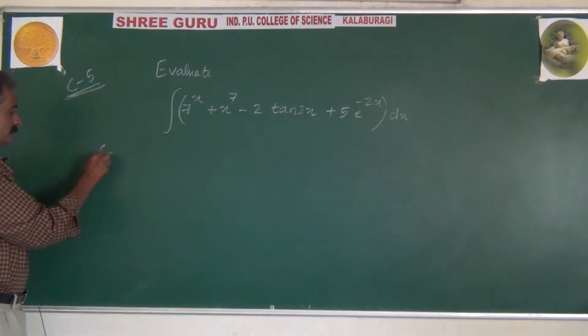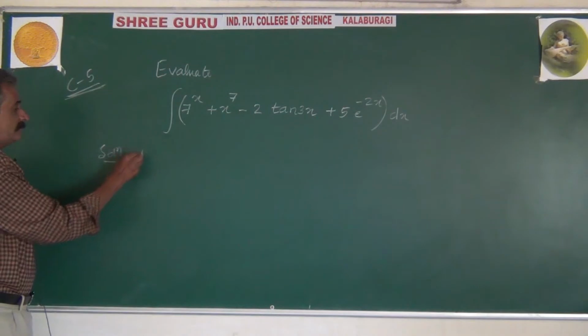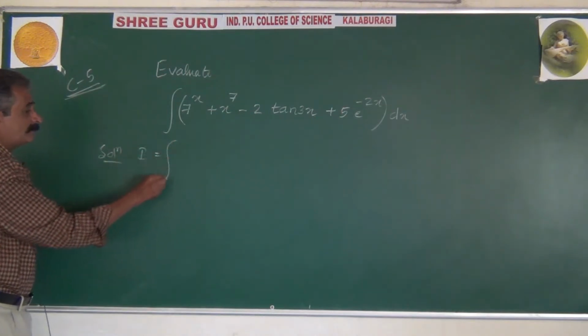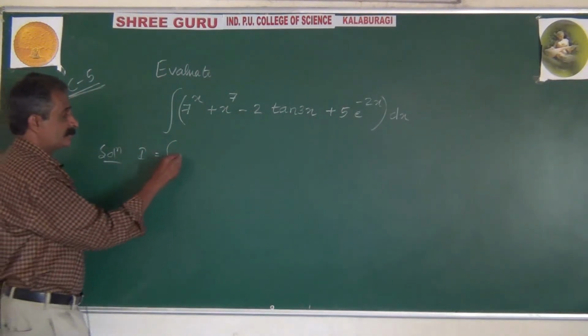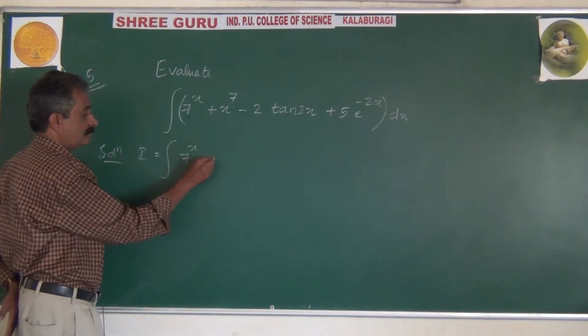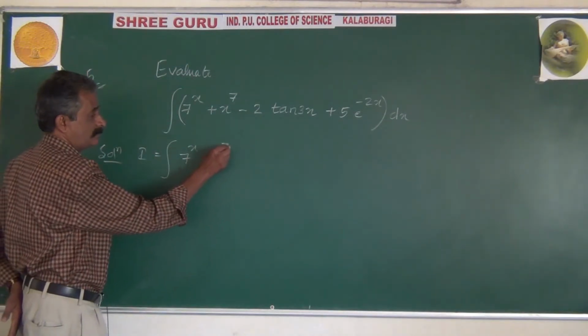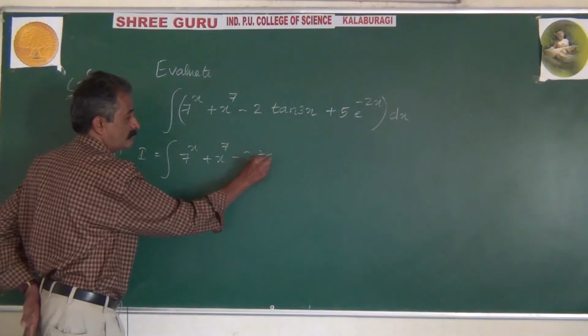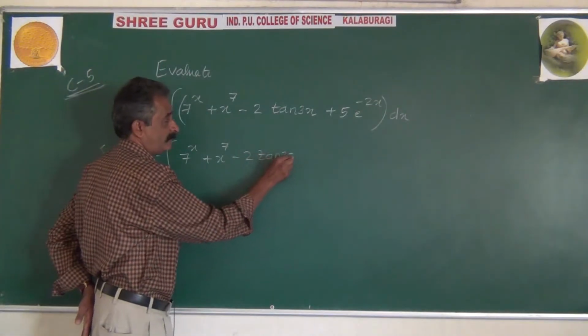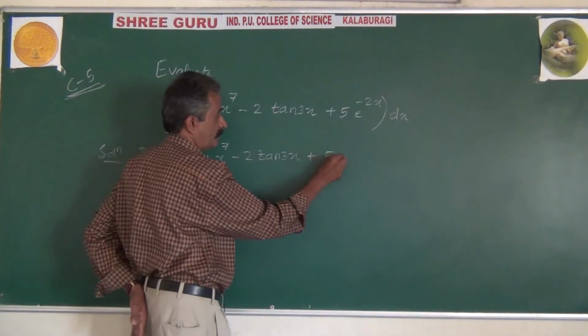Solution. Start from notation I. Let I equal to the given integration problem, that is integration of 7 power x plus x power 7 minus 2 tan 3x plus 5 e to the power minus 2x.